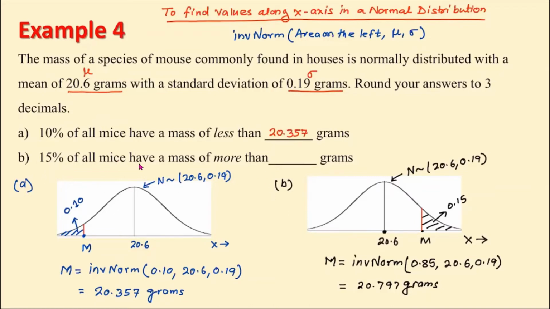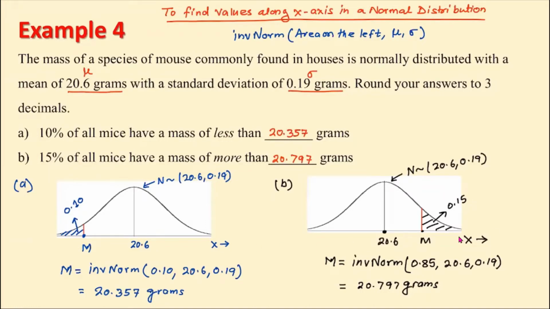So 15% of all mice have the mass more than 20.797 grams. So remember, in this example, we are asked to find the values along the x-axis.